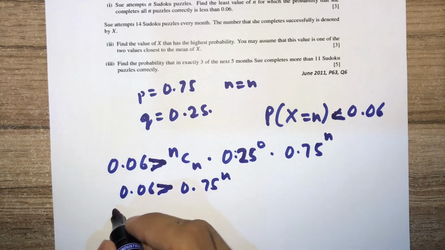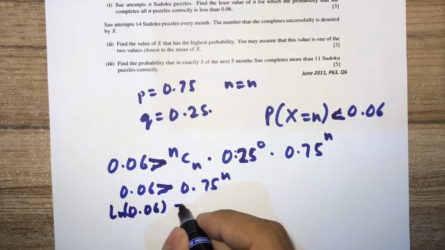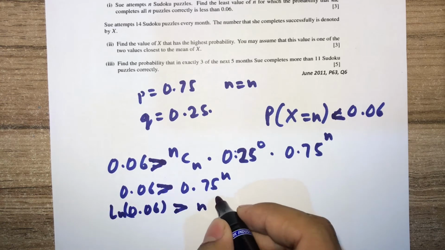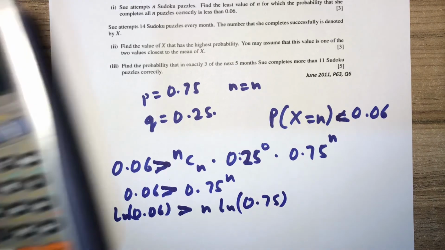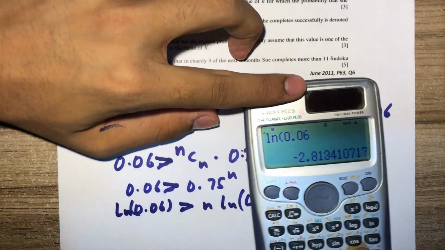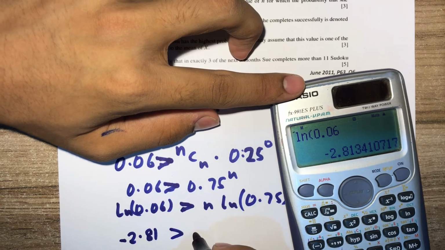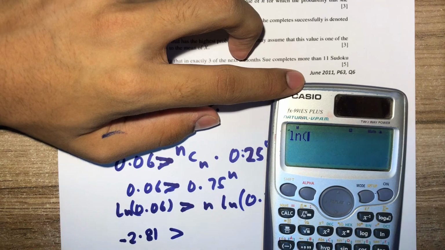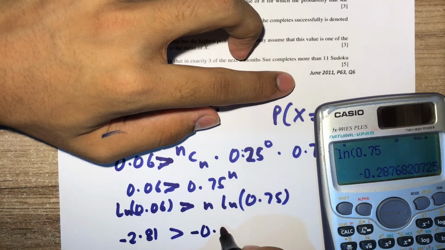Now I'll use log over here. So ln 0.6 is less than n ln 0.75. So ln 0.06 is negative 2.81, which is greater than ln 0.75, which is negative 0.29n.